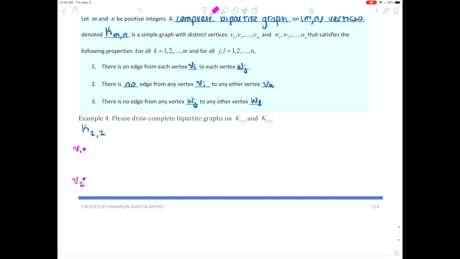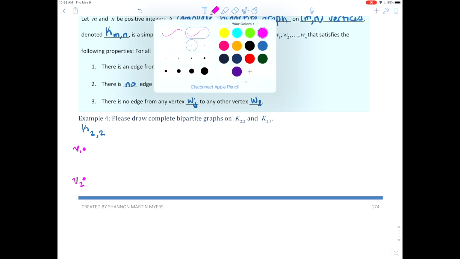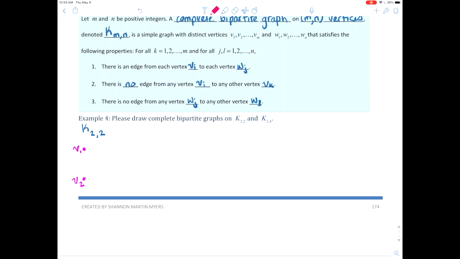So there's 2 v vertices, or whatever dummy variable you choose, and there's 2 w vertices. So the w's can't connect to each other and the v's can't connect to each other.